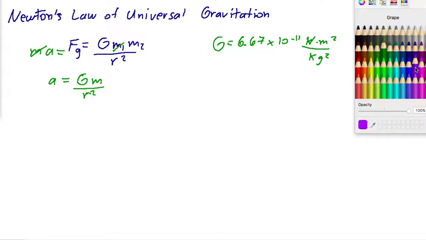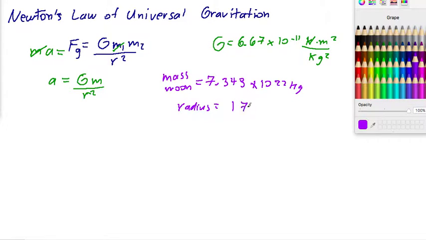Searching on Google, the mass of the moon is 7.348 times 10 to the 22 kilograms, and the radius of the moon is 1,737,000 meters.